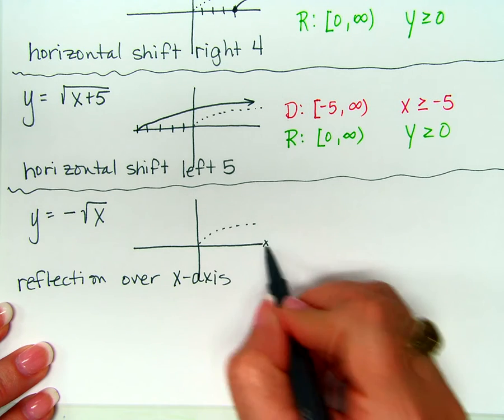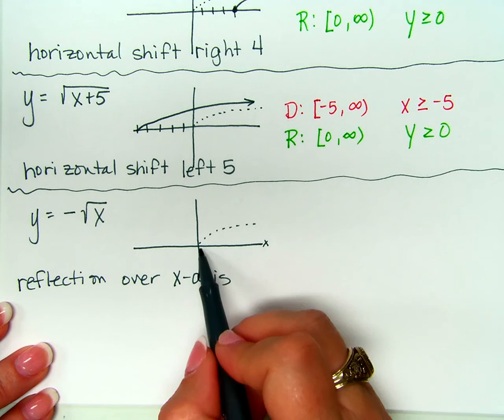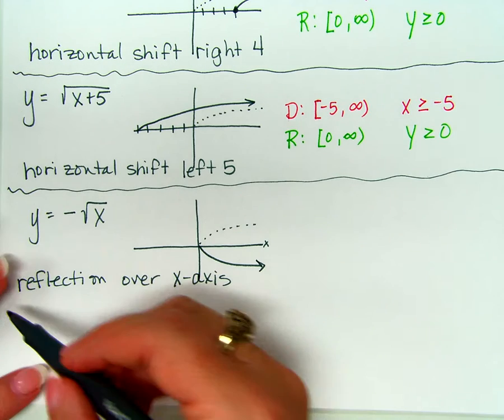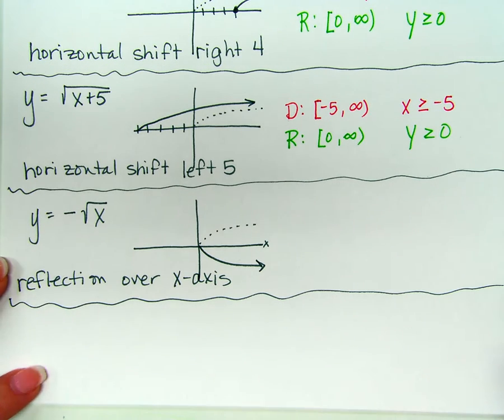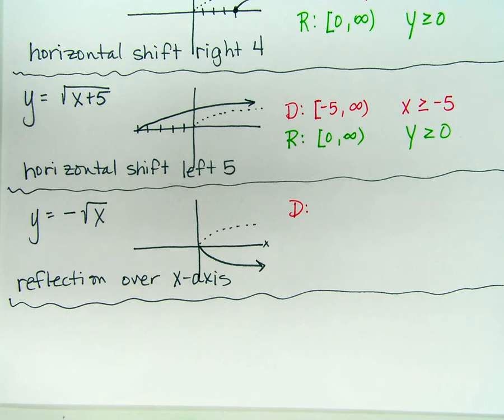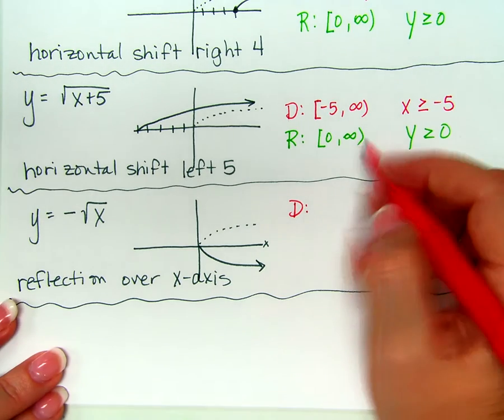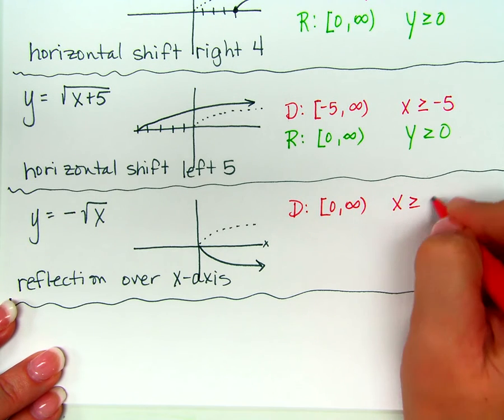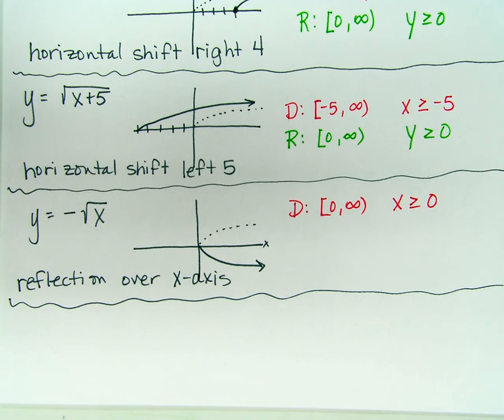This is the x-axis. If it's reflecting over that axis, it's down here, right? Okay. What's the domain then? How far left does it go? 0. So 0 to infinity. So x is greater than or equal to 0.